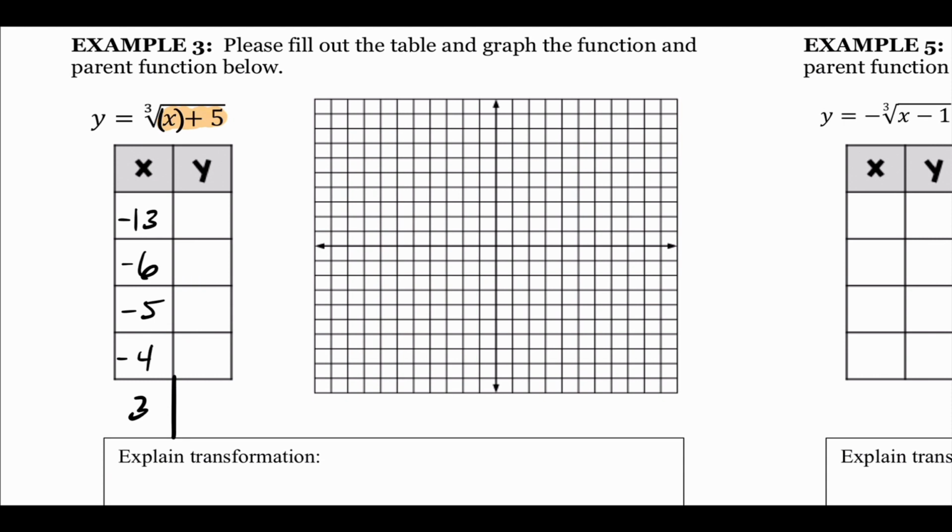Now I can go to my calculator and figure out what those values actually are. So in my calculator, I'm going to plug in -13 plus 5. -6 plus 5.